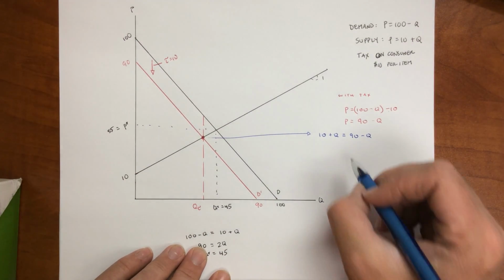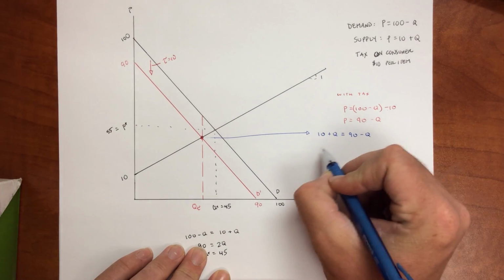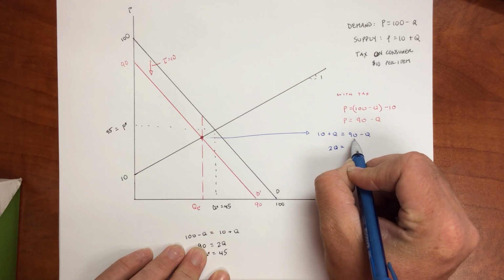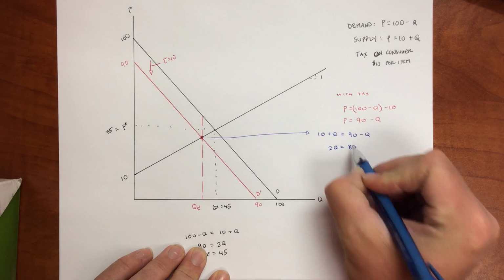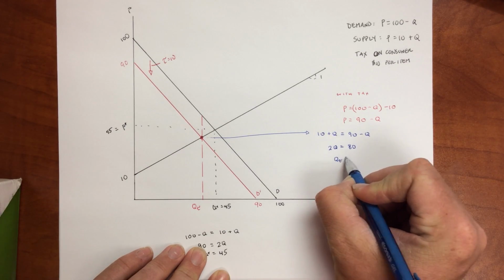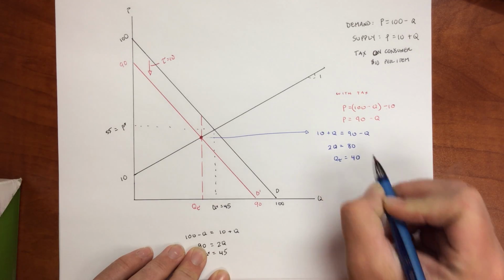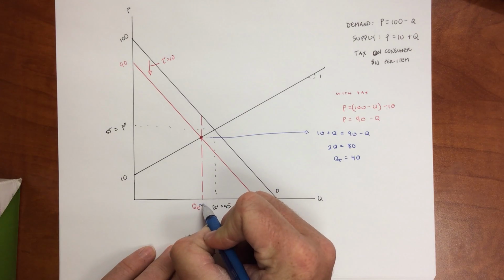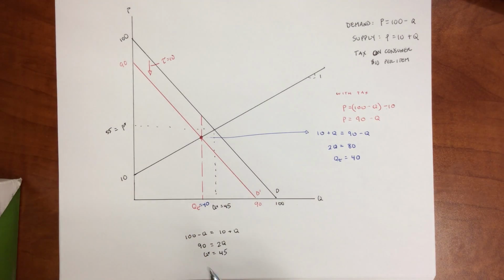And now I can solve for Q. I bring this Q to that side, so I'll get 2Q is equal to, subtract 10 over from that side, 80. So Q with the tax is 40, which is going to have to be lower than 45. So here we showed that the new quantity is 40.